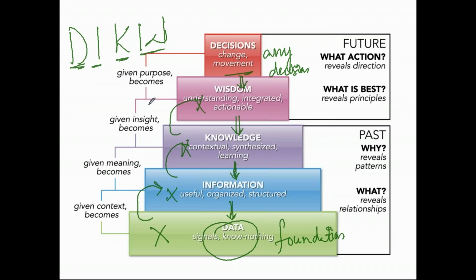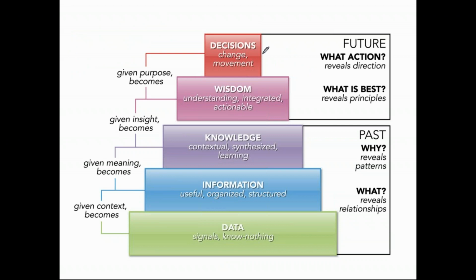Without data, you will not have all these things in place. So it is clear from this slide that data is essential, data is crucial. Without data, we will not be able to make any kind of decision to put the organization on the right track.